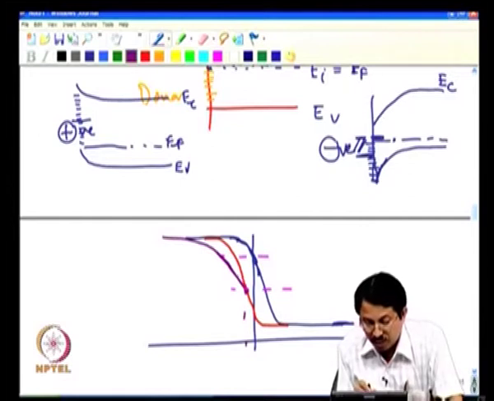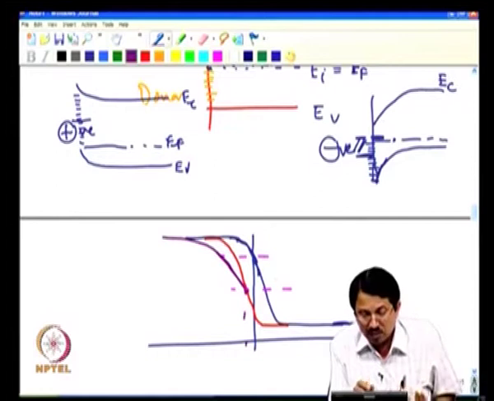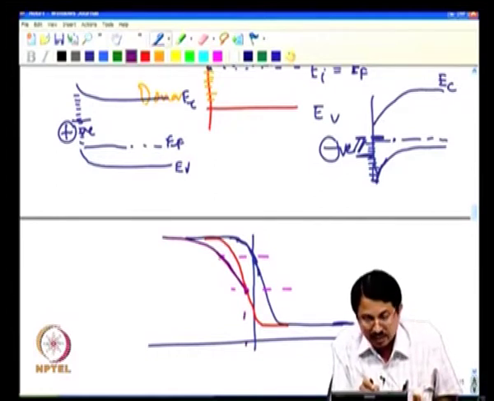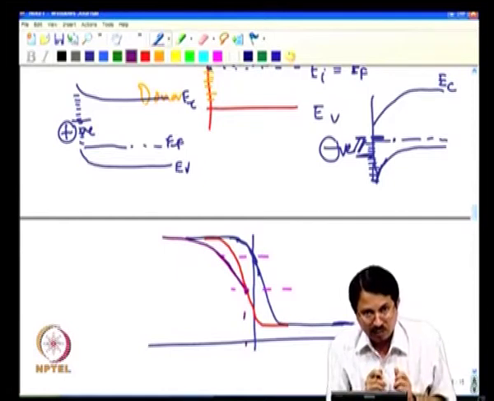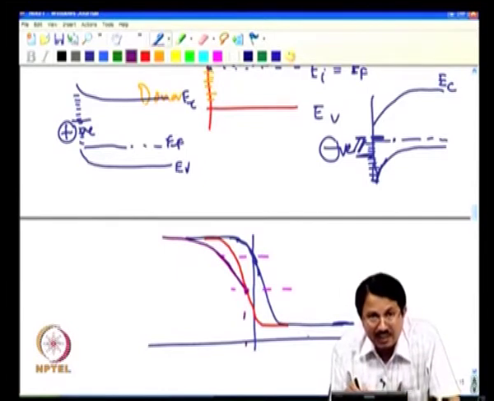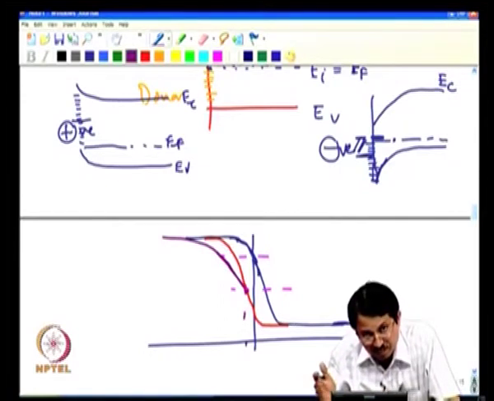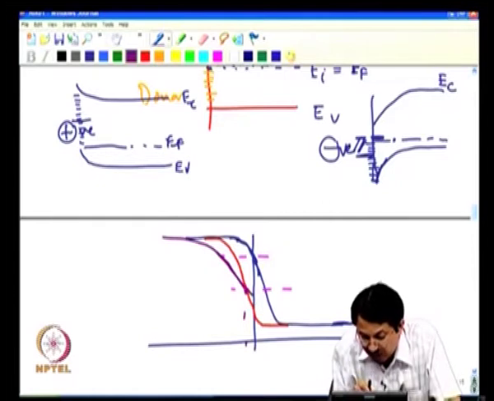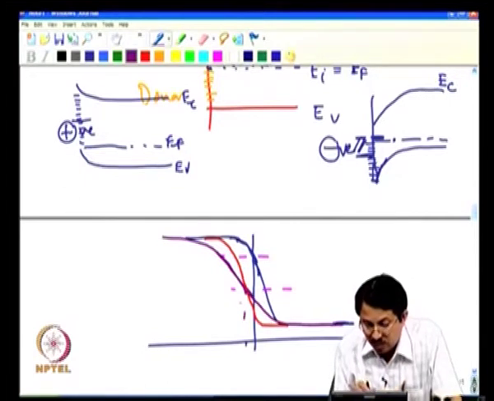You see this shift, that shift is due to positive charge, and because the positive charge is increasing, this shift is also increasing, it is not a parallel shift, you see. Similarly, in this direction I start having negative charge. Negative charge will tend to shift the CV to the right, okay, and again more and more negative charge starts coming up, and hence the CV comes up like this. So, you see this is what we call stretch out.